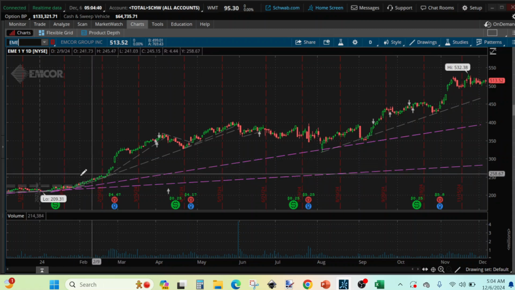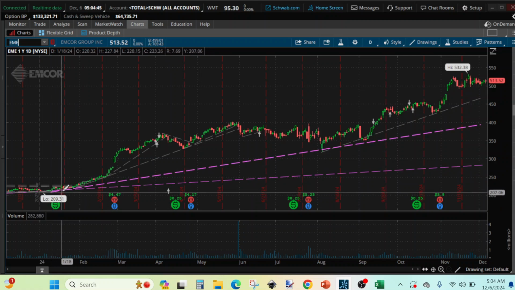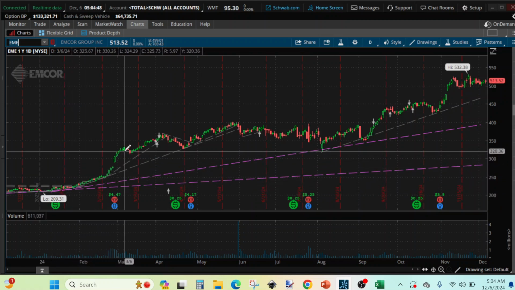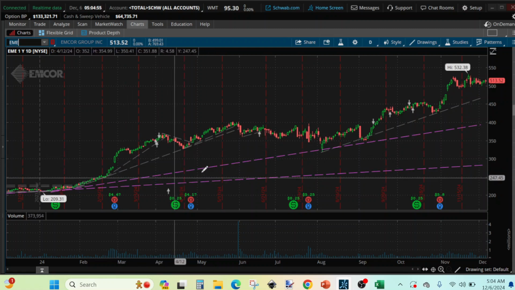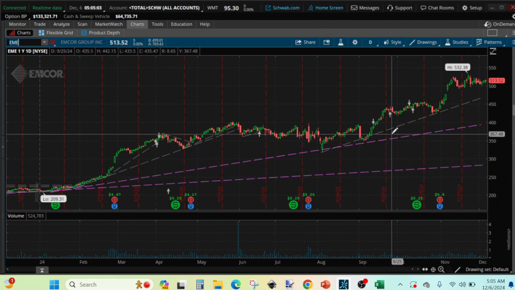Last December, it pulled back to the line and started going up all the way to March. So we don't know when it's going to pull back to this line, but we just prefer to wait on it.